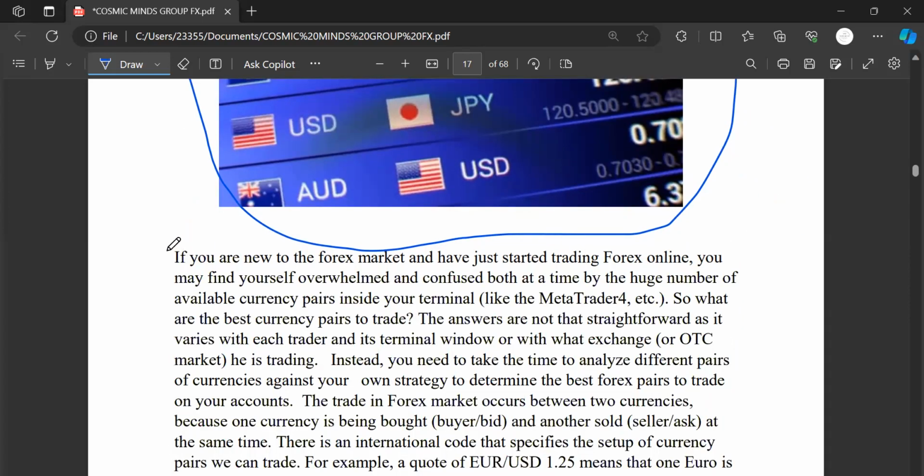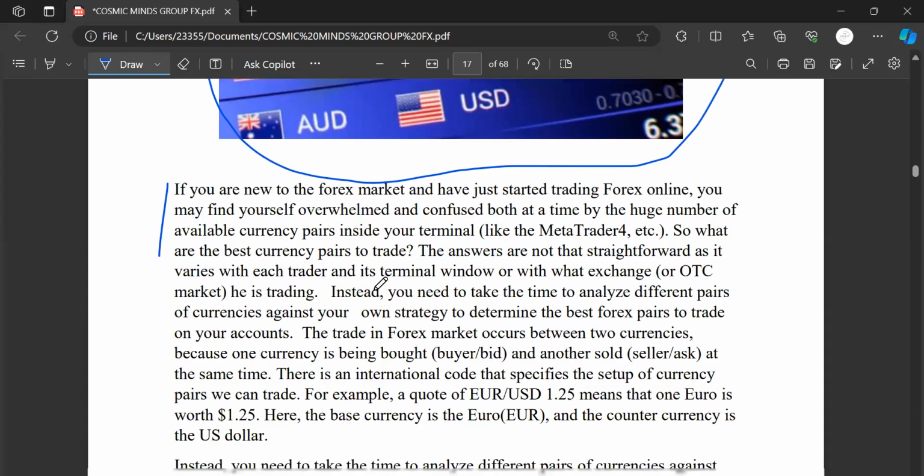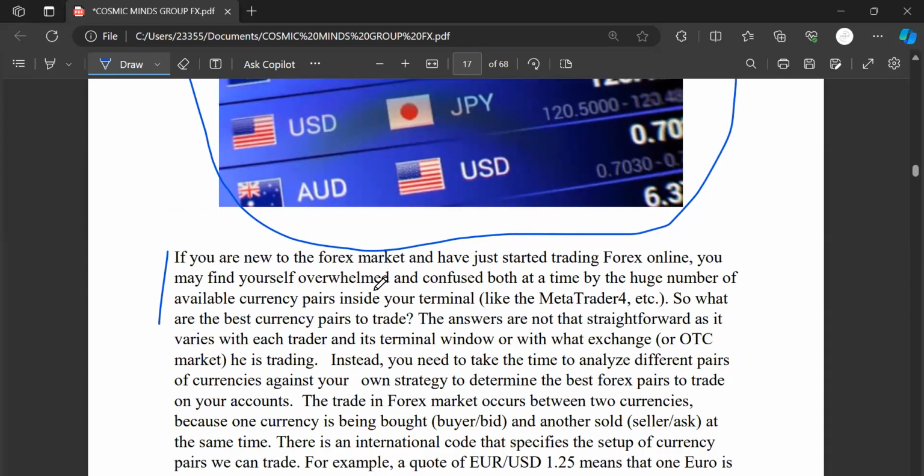Now let's just zoom in. Or better still, you can even check online. Just Google it. Or in fact, on YouTube, like this one, just search for the currency pairs and you can find other videos which will expatiate on that.